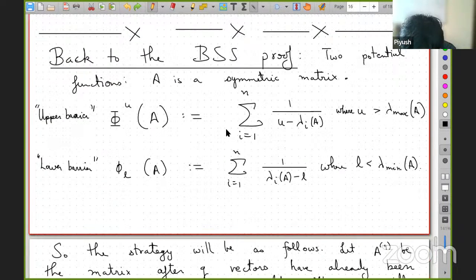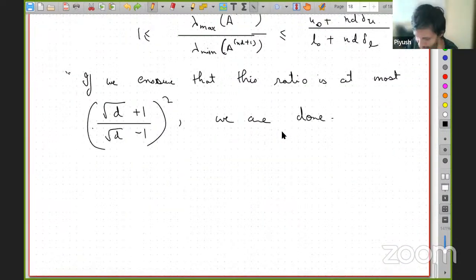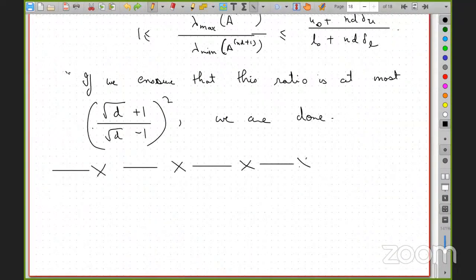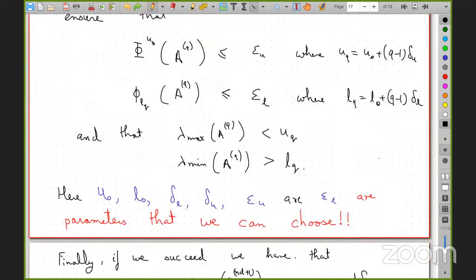And the reason for this barrier is that we have seen that these kinds of things we might be able to handle with our rank 1 update machinery. So now let's see what happens. Sorry, what is the condition on lambda max and lambda min of A, and why is this condition there?